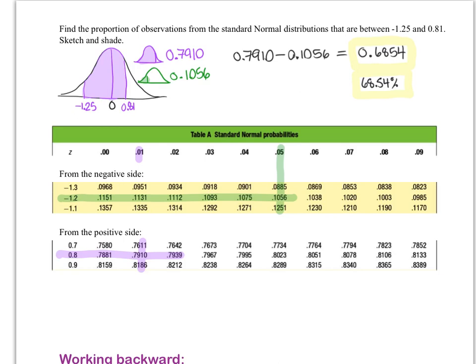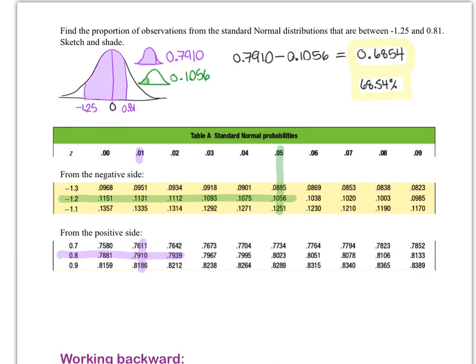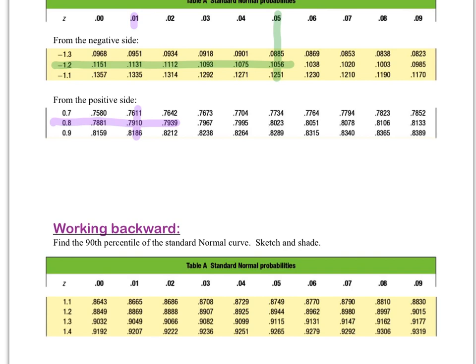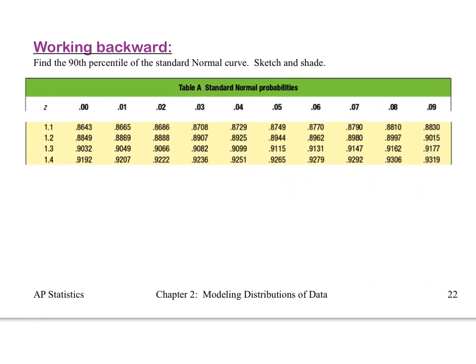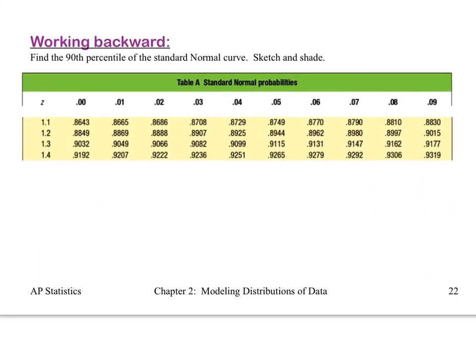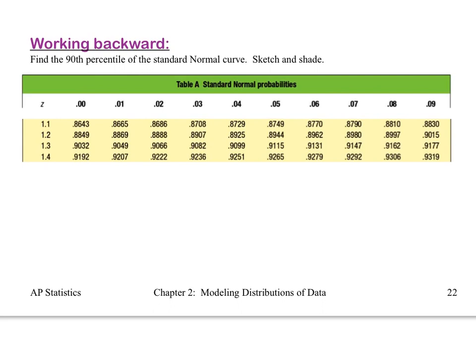This is all great, but we know that problems in the real world don't always come from one direction, so we want to know how to work backwards so that we can start with the area and find the z-score. If we want to find the z-score associated with the 90th percentile of the standard normal curve, the very first thing that we're going to do is look for the 0.9000 entry.